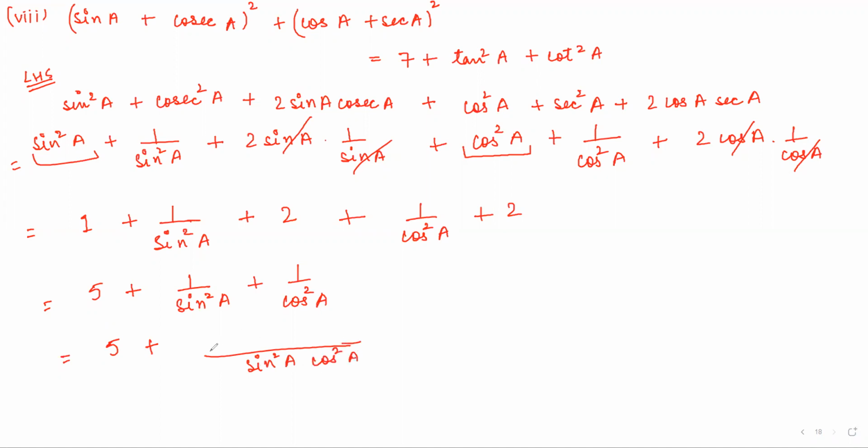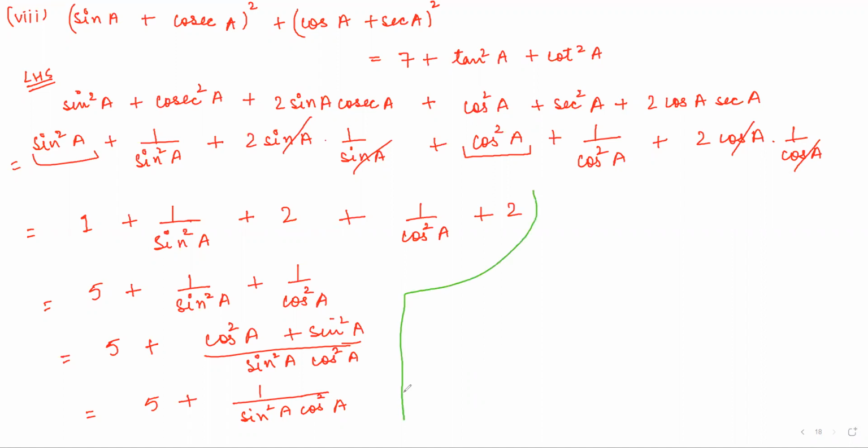So that becomes cos square A plus sin square A, right? And this again gives you 1. So 5 plus 1 upon sin square A cos square A. Yes. Any confusion here? No, ma'am.